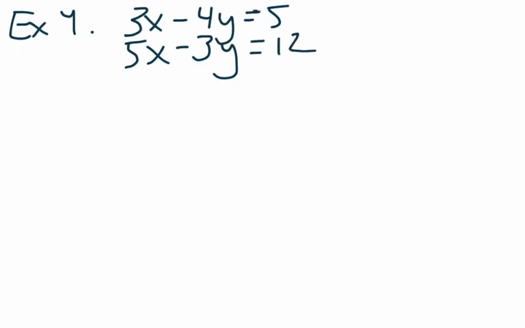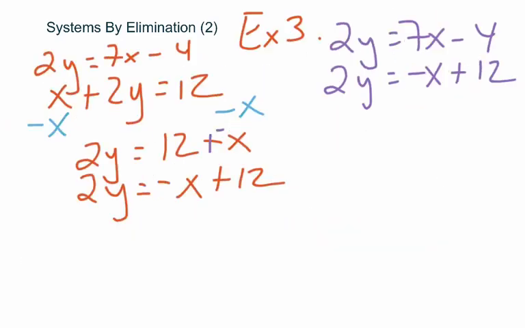Okay. The only good thing about this particular problem is that they're lined up. That's it. The X's are lined up, the Y's are lined up, the equals are lined up, and the constants are lined up. So we don't have to do what we did in this problem here where we had to reshuffle the equations around.